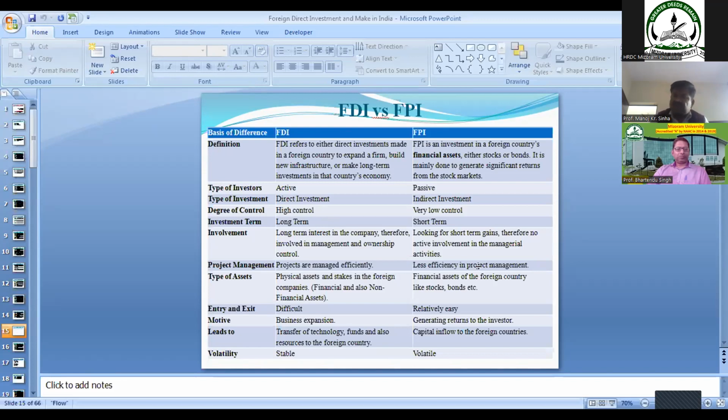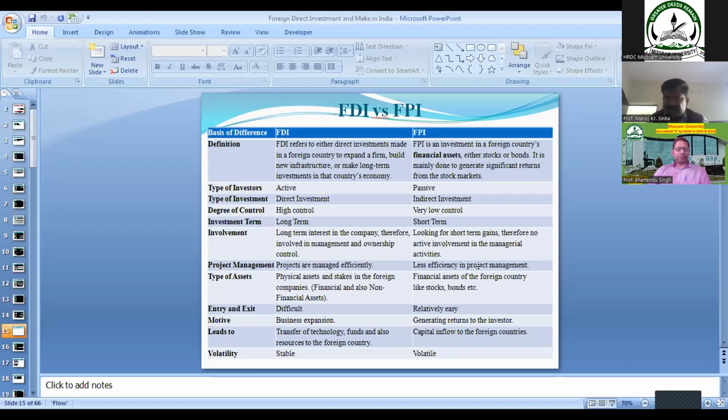Time horizon for the investment: foreign direct investment is perpetual and long-term, but the time horizon for portfolio investment is short term. It is basically focused on earning a return on change in price, or the rate of return from the investment through the stock exchange. Type of asset: in FDI, physical assets and stakes in foreign companies, both financial and non-financial.